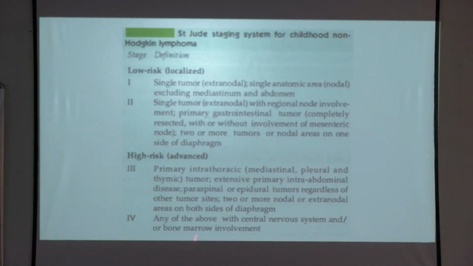If it is classified into the high risk, then primary intrathoracic tumor with extensive primary intra-abdominal involvement, like paraspinal epidural tumors, 2 or more nodal or extranodal areas on both sides of the diaphragm. তাহলে if the involvement is on both sides of the diaphragm, there is always high risk involvement. Next, stage 4: if there is involvement of the central nervous system or bone marrow involvement, then it goes to stage 4.